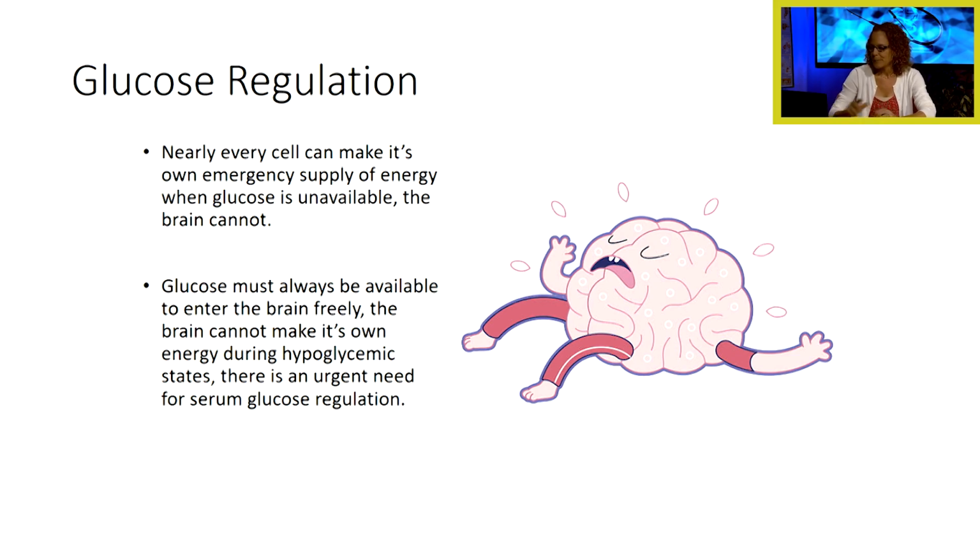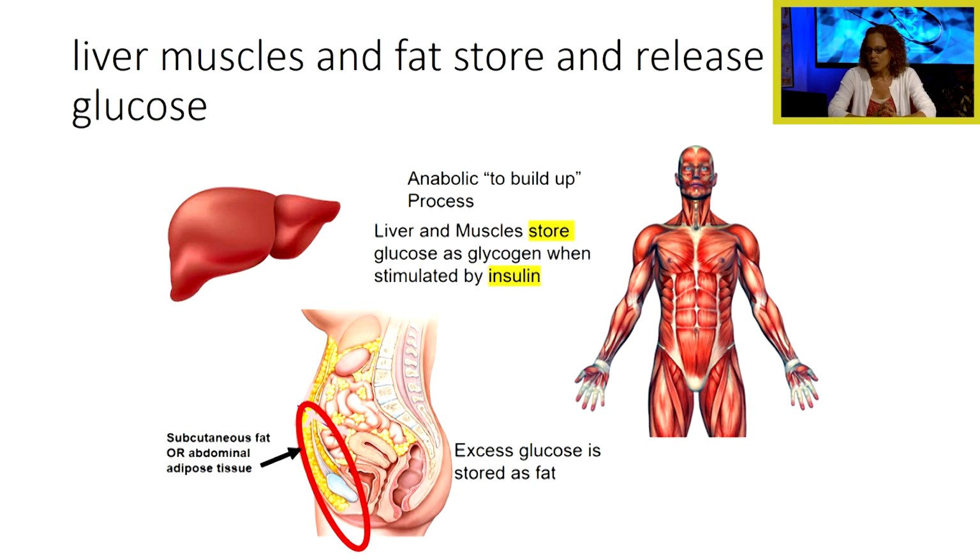And so we are going to talk a little bit about how our glucose is stored and released. Now, you can always go back to some of the previous slides, and I encourage you to review these multiple times so that you finally kind of get this understanding.